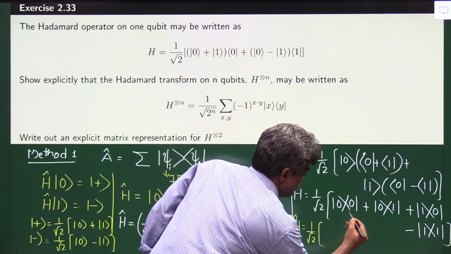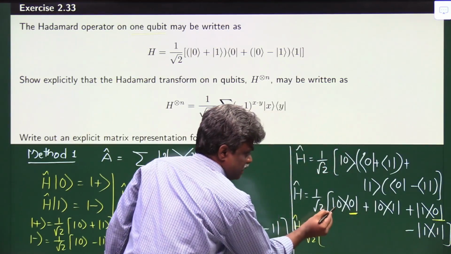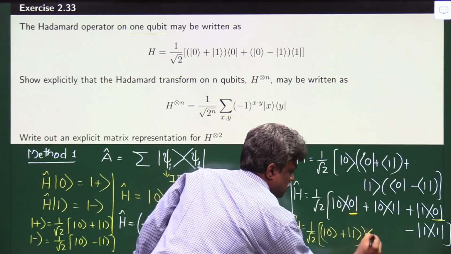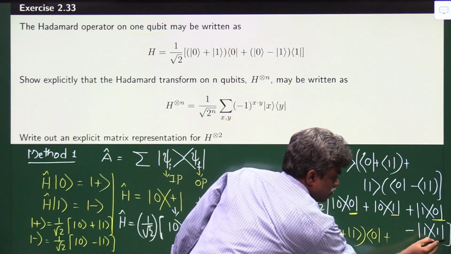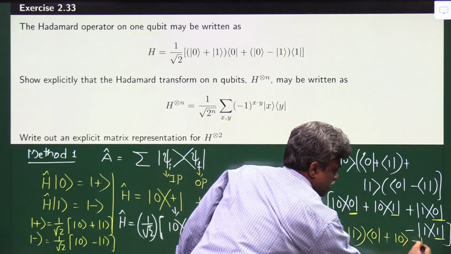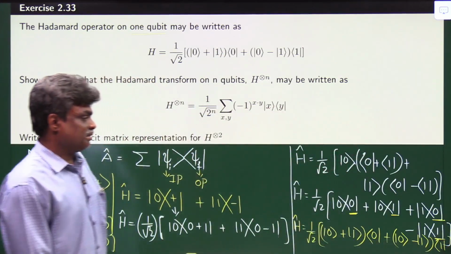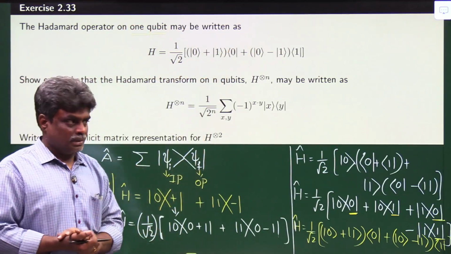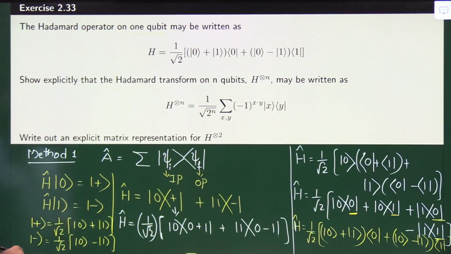So I'm taking bra 0 common, then it is ket 0 plus ket 1 times bra 0, and similarly I'm taking bra 1 common, so then it is again ket 0 minus ket 1 times bra 1, something like this. So we got this form. So this is one way. If you feel this is a little bit complicated, then we can try another way also.